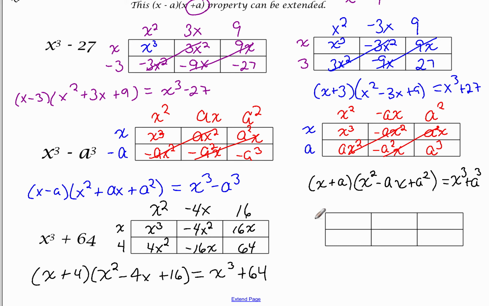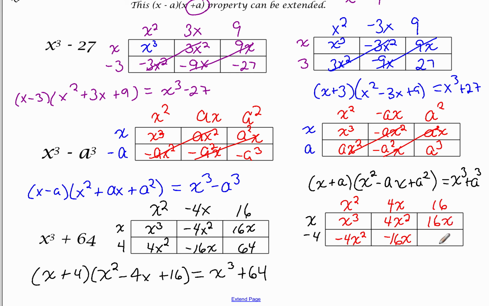Okay, let's see about that negative root. I'm pretty sure you can figure out what's going to happen here. I need an x cubed, so this is an x squared. This is negative 4x squared. All right, so that has to cancel out with a positive 4x squared. So this has to be 4x. Gets me negative 16x. That has to cancel out with a positive 16x.